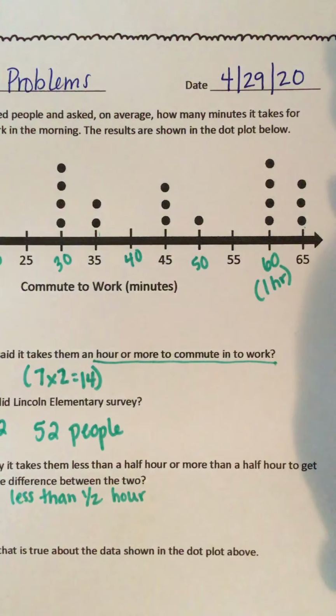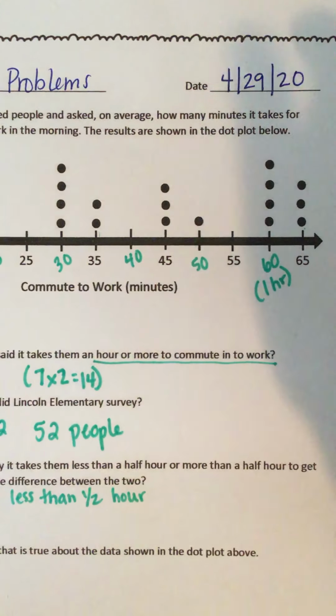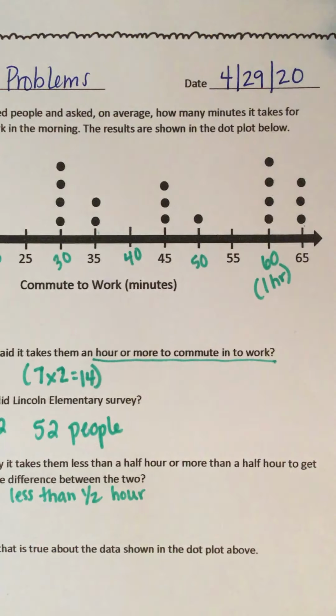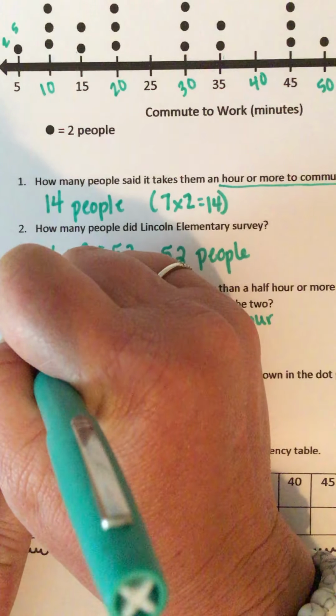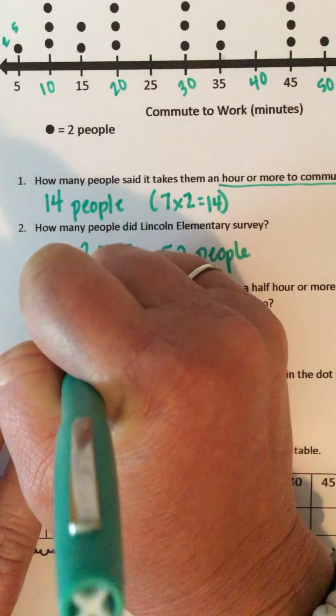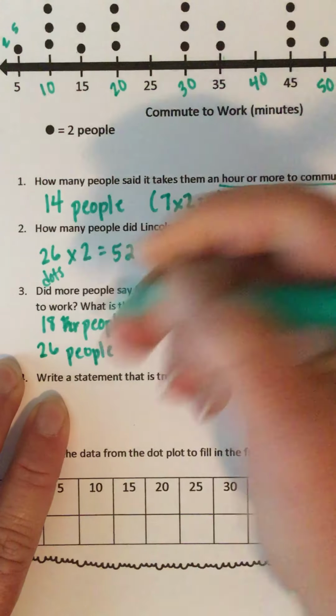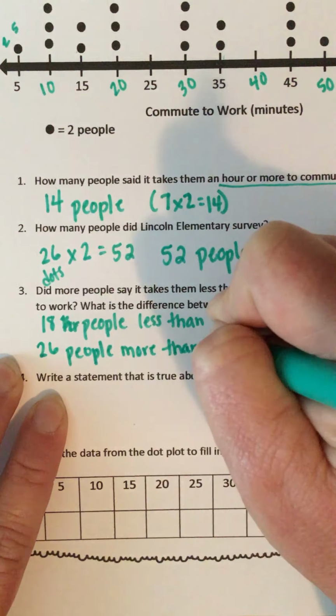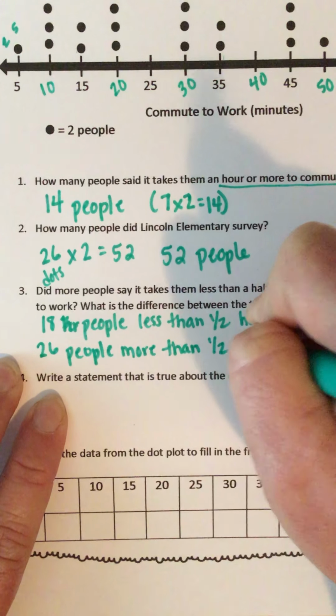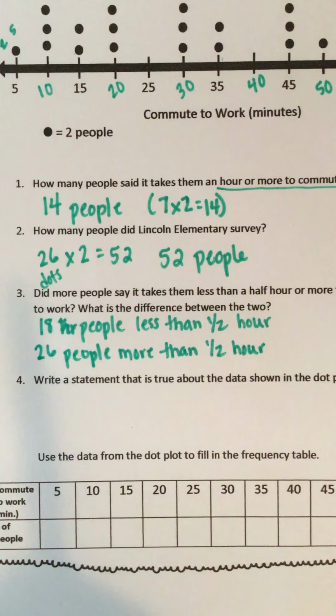It's asking for either less than half an hour or more than half an hour. So these are not included in this one. So 13 times 2 is going to give me 26. So 26 people is more than half an hour.